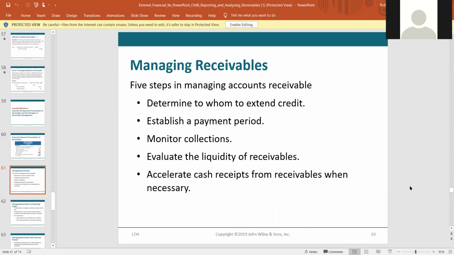Well, first thing you're going to do is verify their credit. You're going to check in with their bank and with some references. Then once they're your customer, you're going to tell them, look, you got to pay me. Our payment period is 30 days. And you're going to monitor those collections and keep evaluating how strong your receivables are, okay?